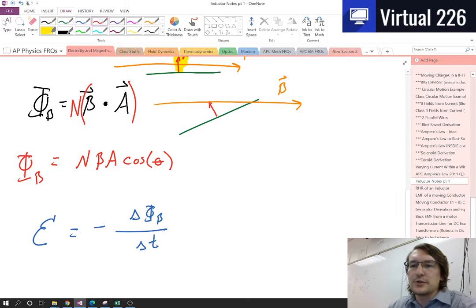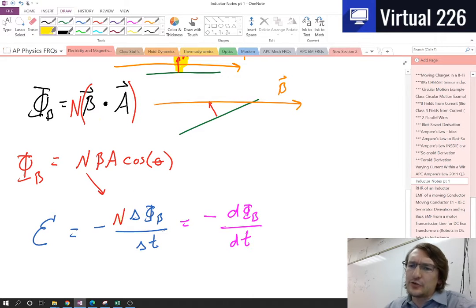And if you wanted to, there is an N term that pops up here, so there's an N. And if you wanted to write this in fancy calculus, it'd be negative, and then an N if you wanted it, but we could really just think of it as d flux by dt. Some people also don't put the N here.